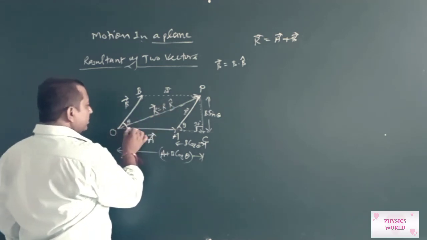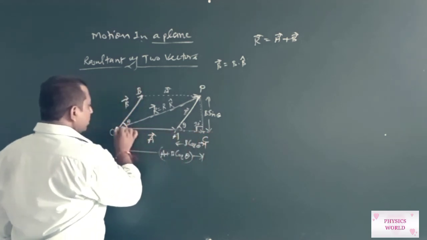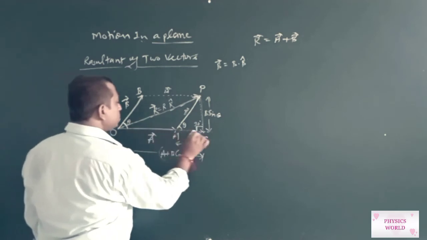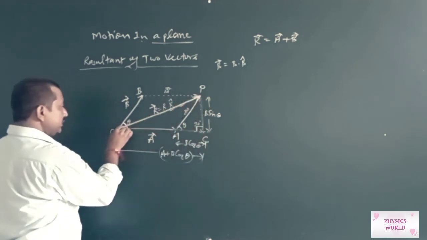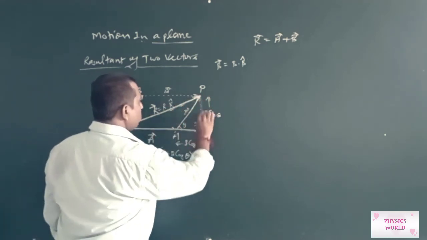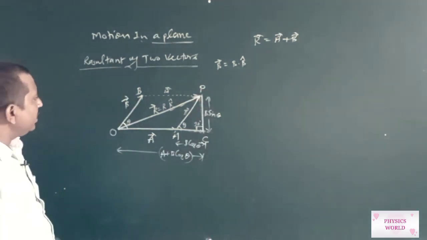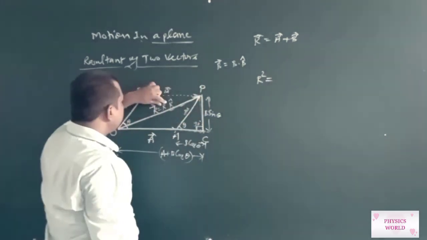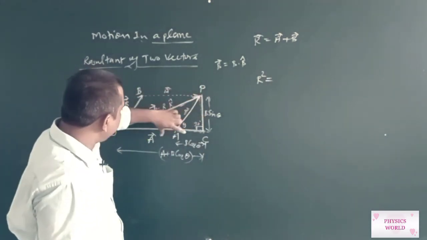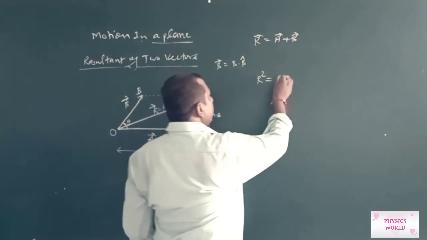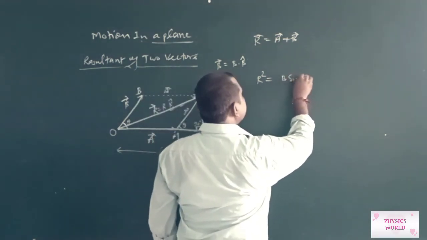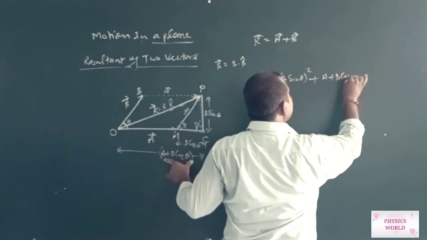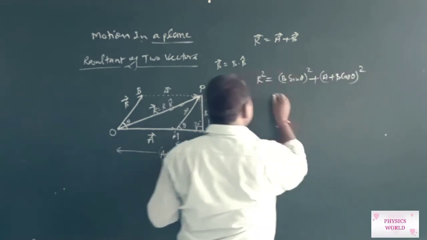So if we take the Pythagoras rule in right angle triangle OCP, the square of the hypotenuse, that is R square, is equal to the perpendicular square plus base square. So (B sine theta) whole square plus (A plus B cos theta) whole square.